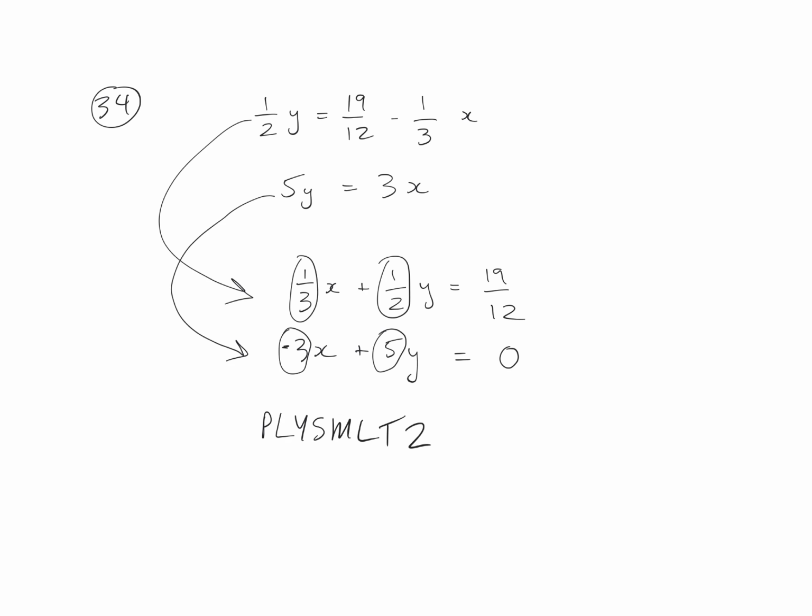It will give you the option to solve a system of equations, and you want to choose two equations and two unknowns, and you will be shown two columns, and you're going to want to put the 1/3 here, the 1/2 here, the negative 3 here, the 5 here, the 19/12 here, and the 0 here, and you're going to get the value of x1 and x2.